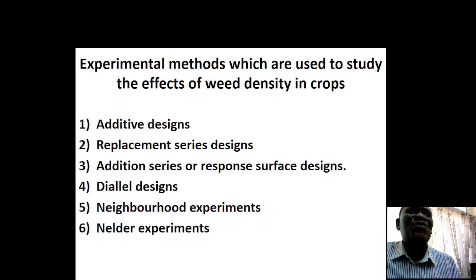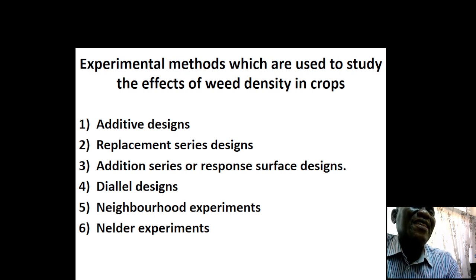And we tried to measure the effects of weeds on crops. So we have just gone through the experimental methods which are used to study the effects of weed density in crops.